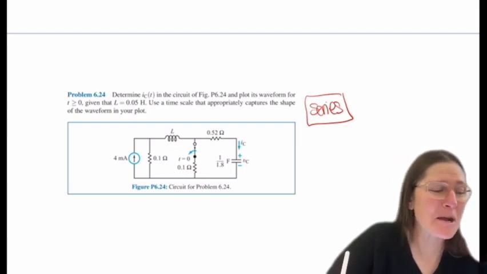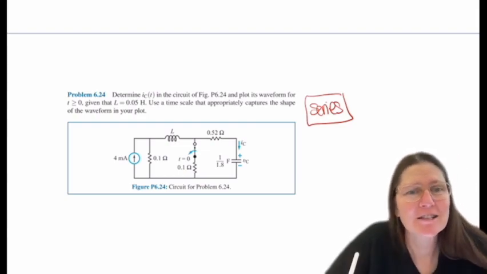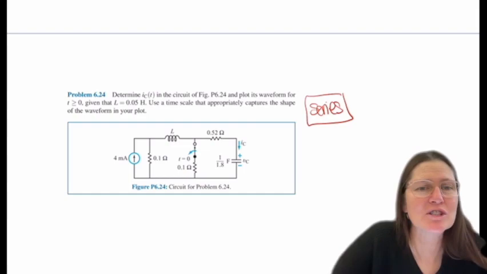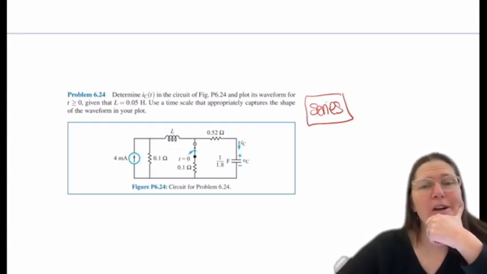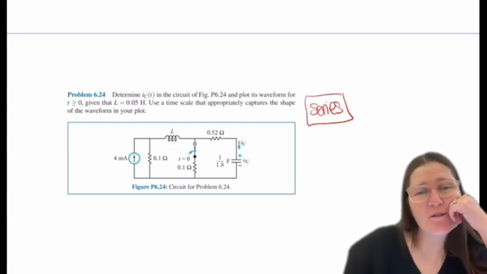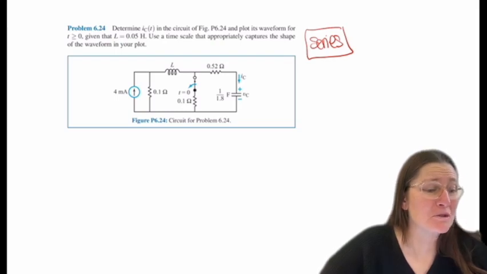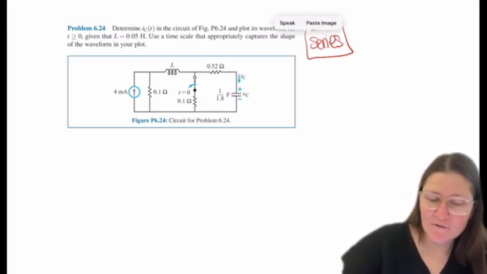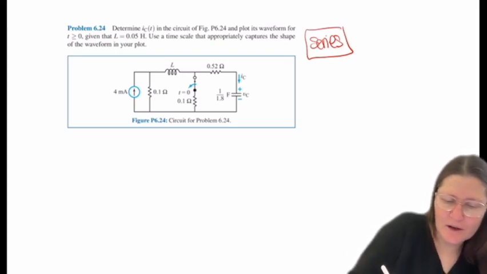That's my preference, but you can take that Thevenin and say 4 milli times 0.1 is going to be the voltage, and 0.1 is going to be the ohms, changing back and forth between Norton and Thevenin. Right now it's Norton, switching to Thevenin. So you could do either that, or just leave it and I'll show you node voltage. So one is to identify what this is. The final time is going to be open here.